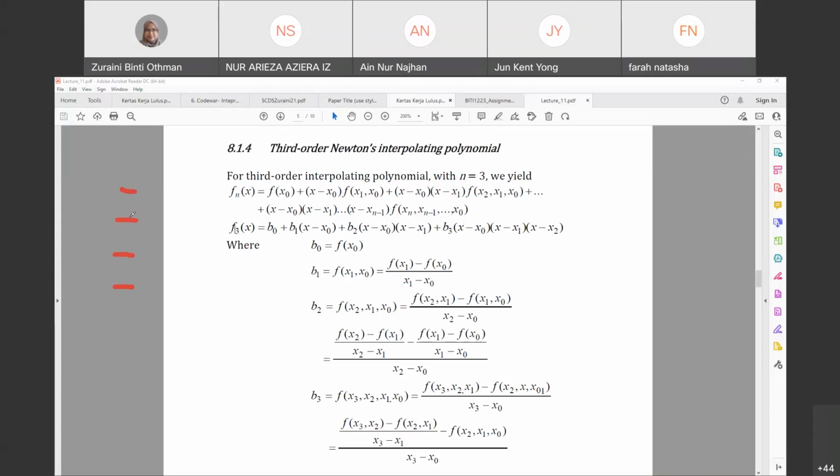Okay, so daripada 4 data, this is our B0. Then you can calculate this, from these two you get this gradient, from these 2 data you get another gradient, from these 2 data you get gradient, and the first gradient will give you B1 punya value.